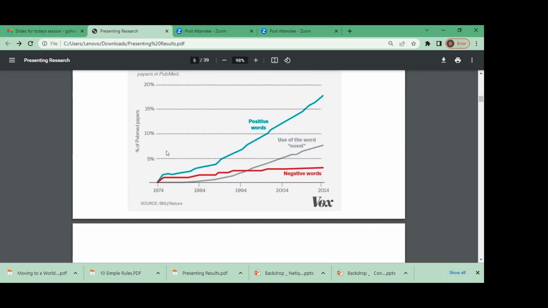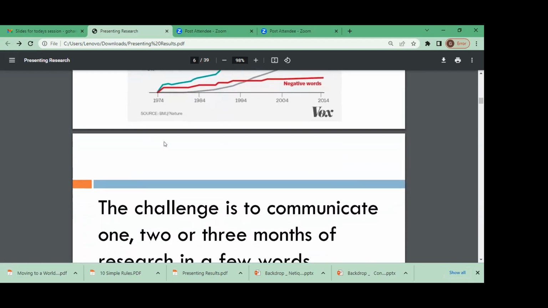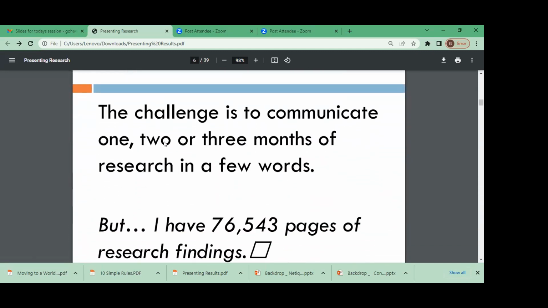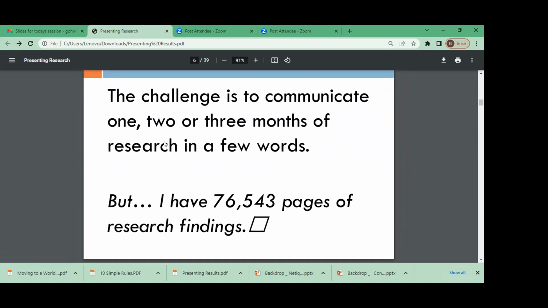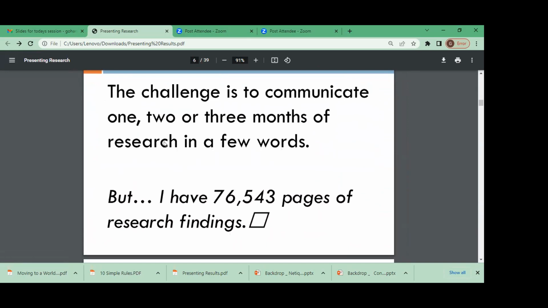So one should really be careful while they report their scientific results, that they should be reported the way they are. Now, here's a challenge. When we are doing scientific research, we have so many tasks that we have done, so many things in the middle, and you have to sum up into one or two or three or four pages of your scientific research paper.